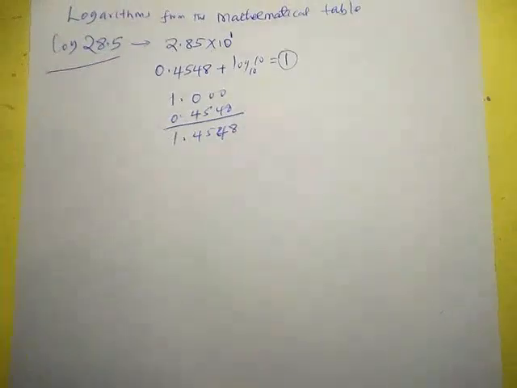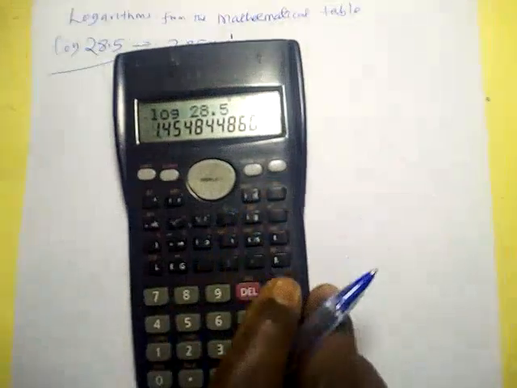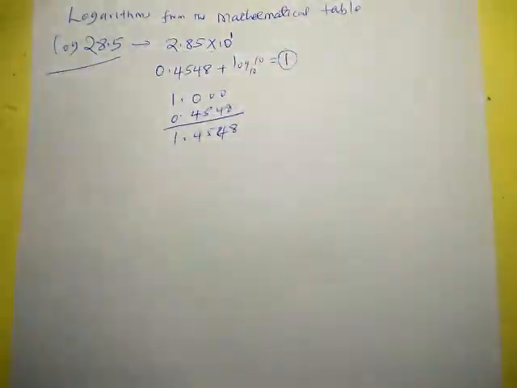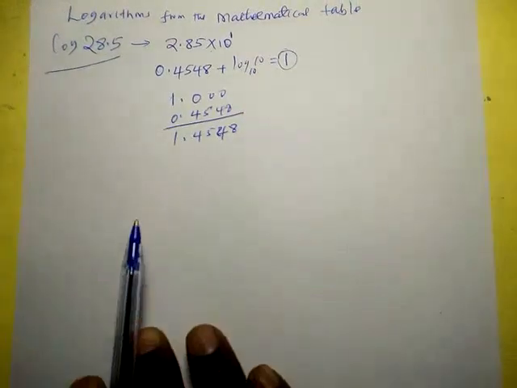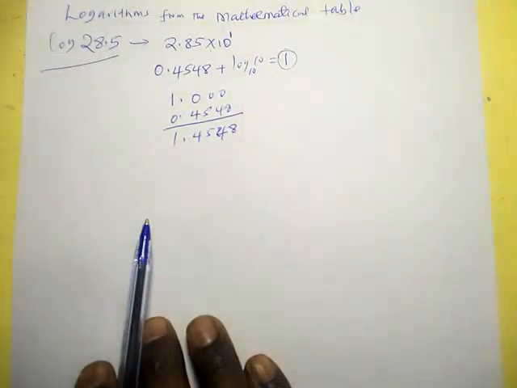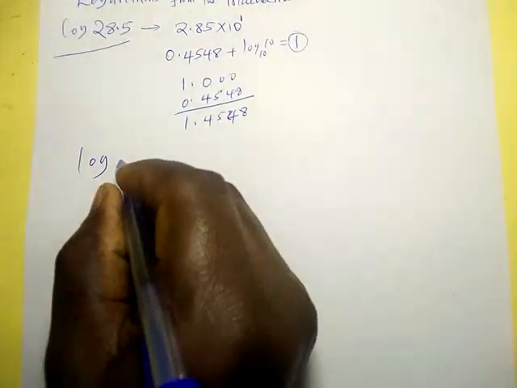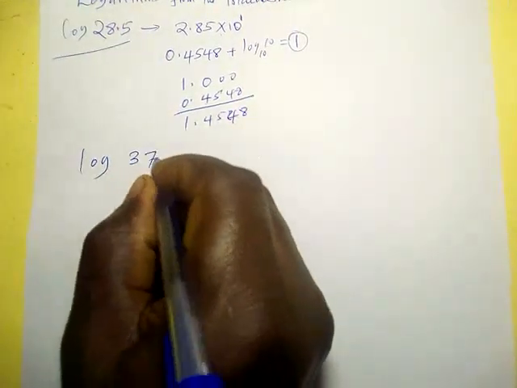And this is what we obtained in our calculator. So that's how we use the mathematical table. I want to give another example from the mathematical table. Find the log of 379.